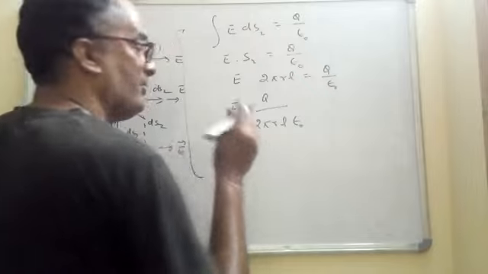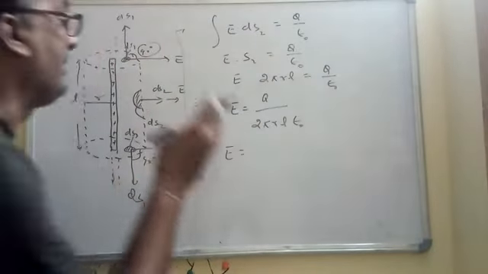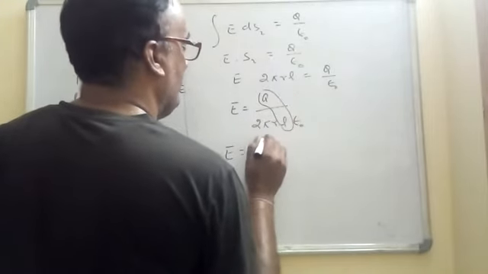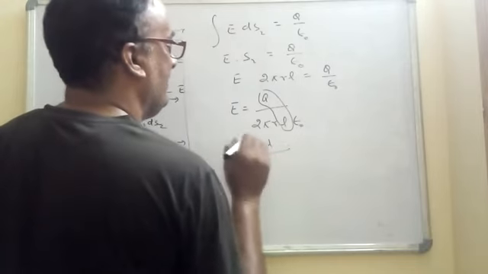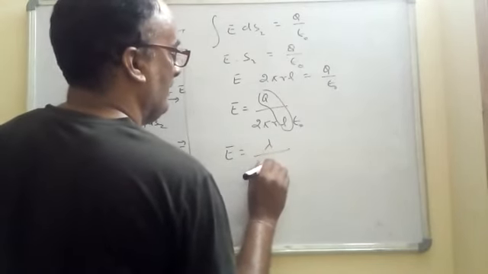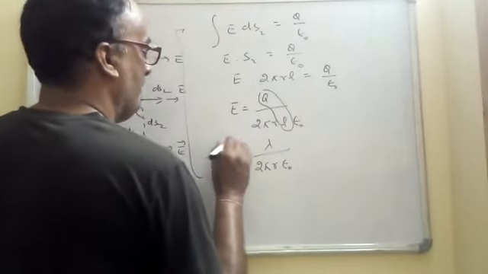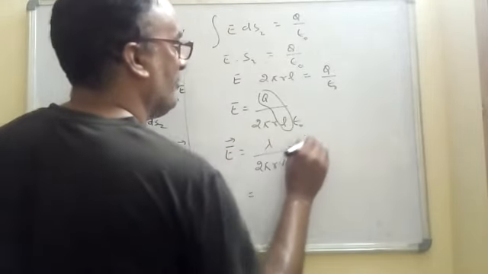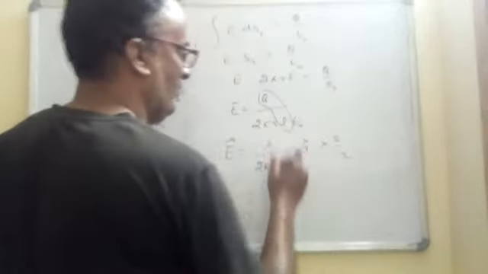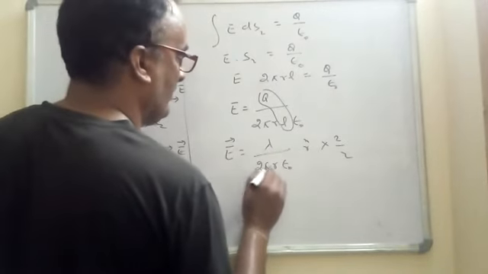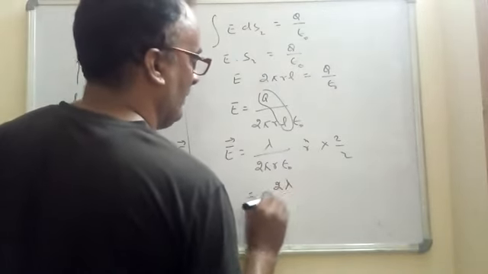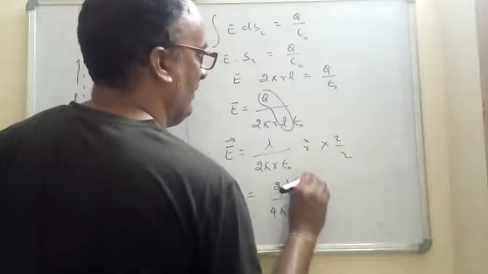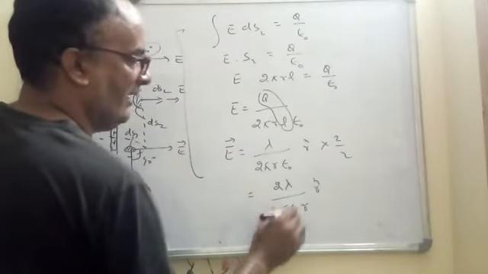This electric field in terms of linear charge distribution, we have to check. That is Q upon L, this is lambda, the linear charge density. So it is lambda upon 2 pi R epsilon naught. You can also rewrite it by multiplying numerator and denominator by 2. It becomes 2 lambda upon 4 pi epsilon naught R. And 1 upon 4 pi epsilon naught is k.